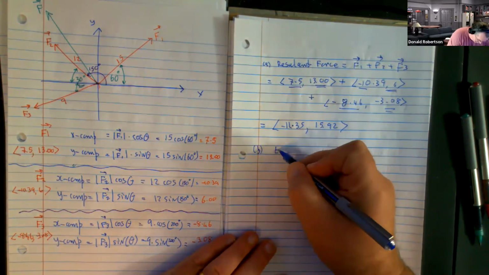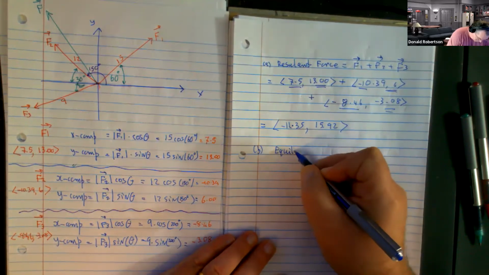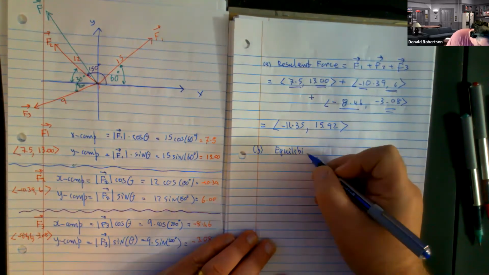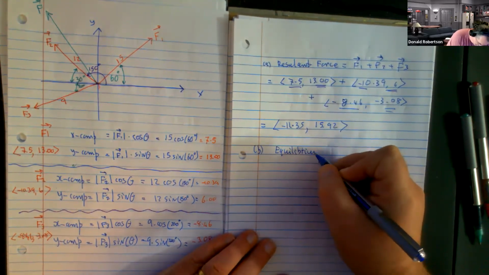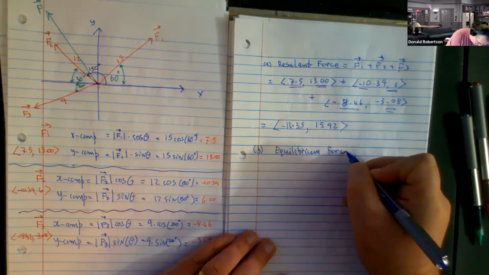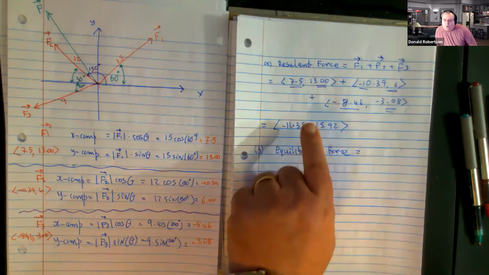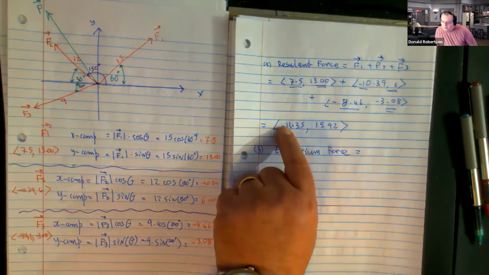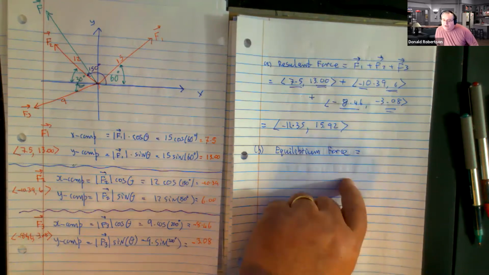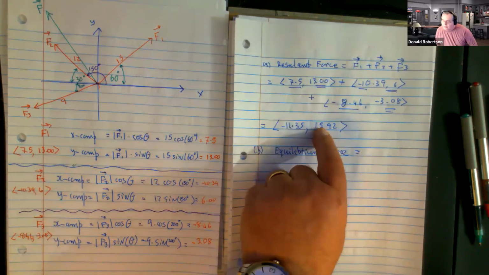They want to know the equilibrium force. And the equilibrium force is dead easy. The equilibrium force is, what do you need to balance this one? Which basically means, what do you need to cancel them out?